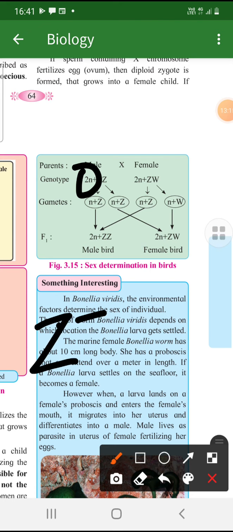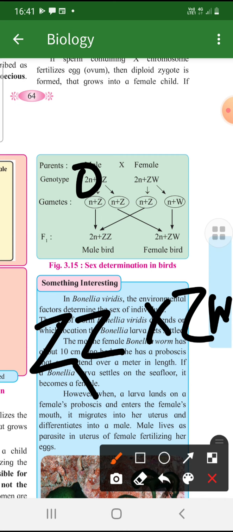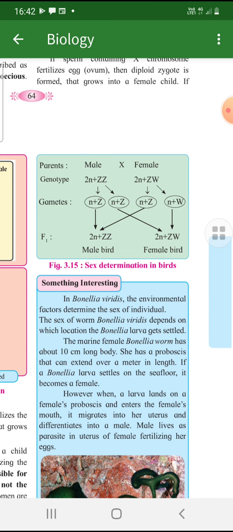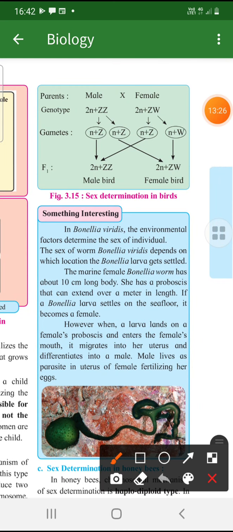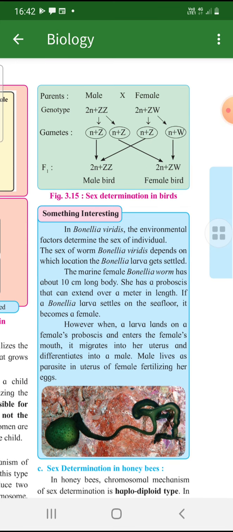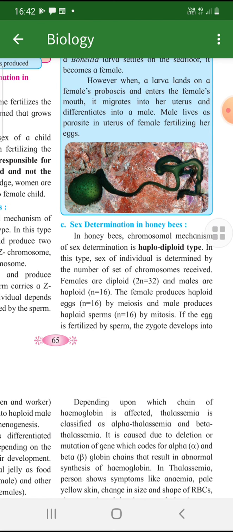Even if you do it like this, you will score marks. Nobody will cut marks for you, okay? And it's not difficult also. 2N is divided, distributed, you can write it. Here also there is one N, here also there is one N, from here also it is distributed. It is the calculation of the number of chromosomes.